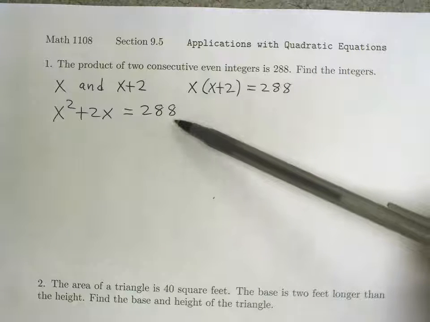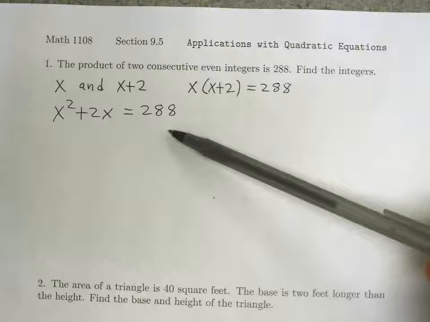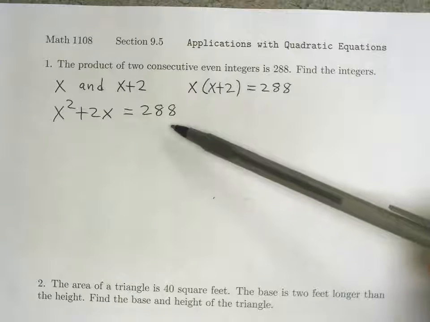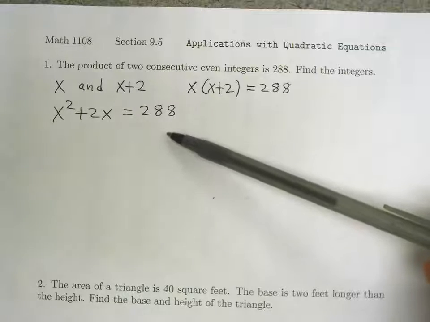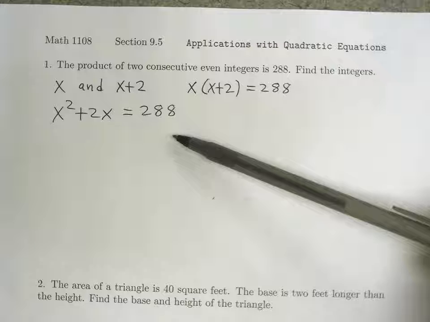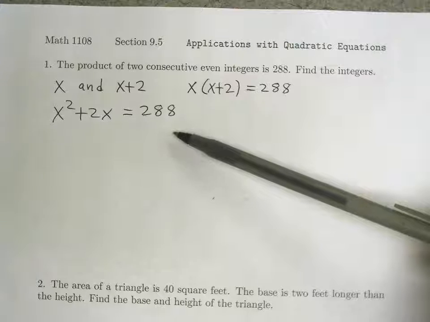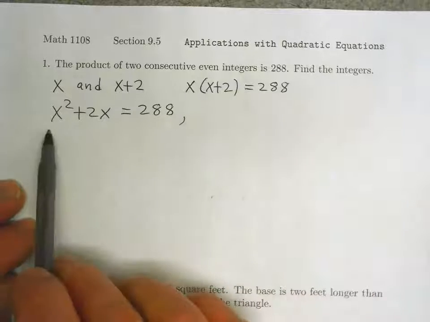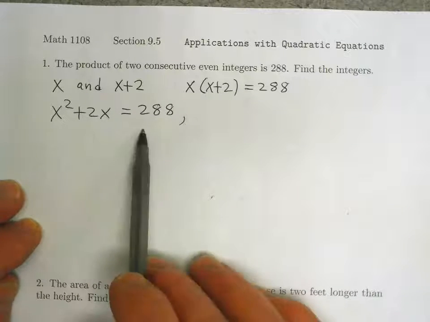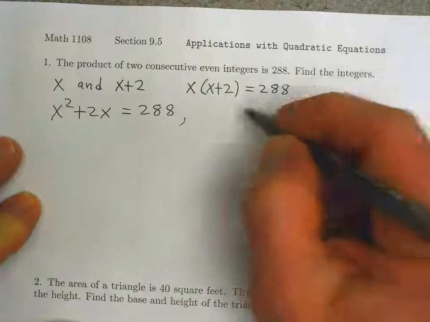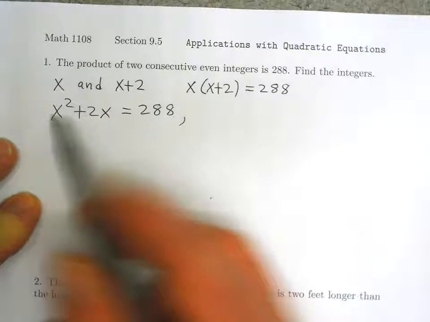And, well, we have multiple options. We can put this into standard form. If we subtract 288 from both sides, then we can use the Pythagorean Theorem, or sorry, the Quadratic Formula. But I think what I'll do is use the completing the square method, because the coefficient of x squared is already 1.